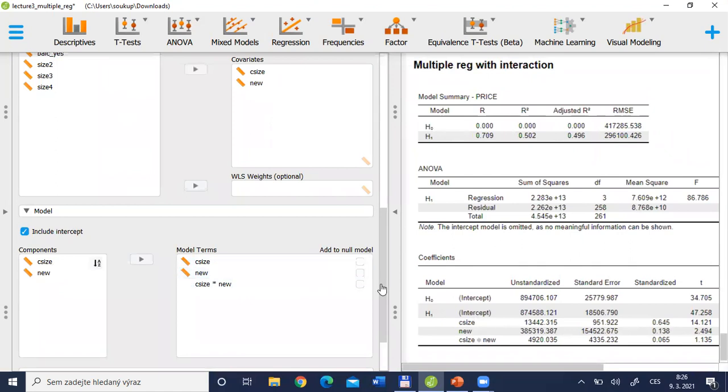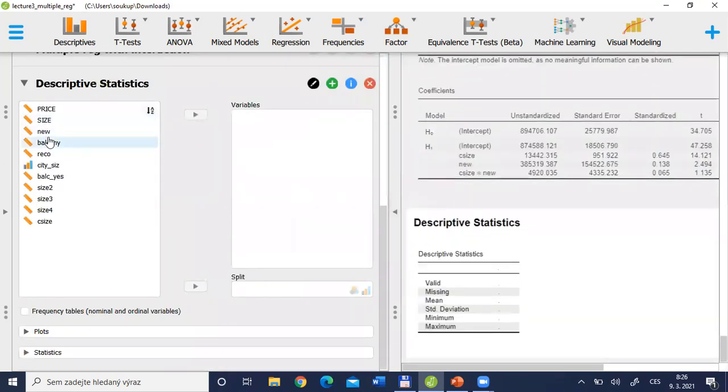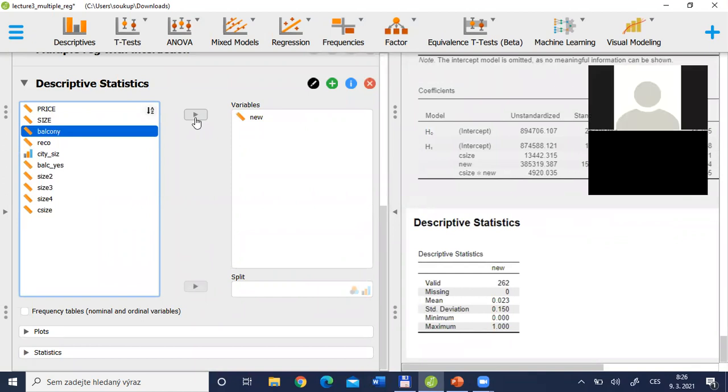It's possible there are not so many new flats, so possible. And also other values could be more descriptive about the price of the flat.